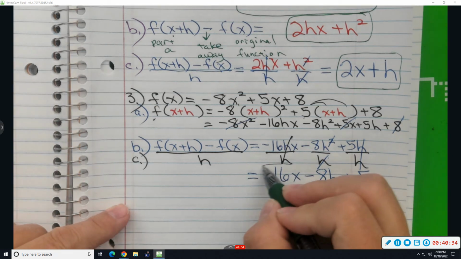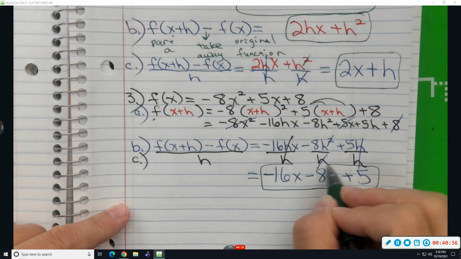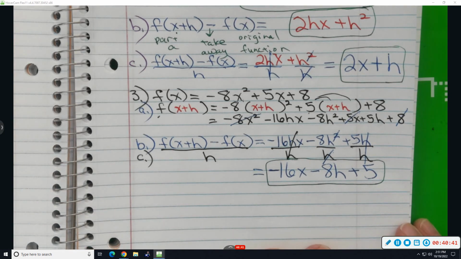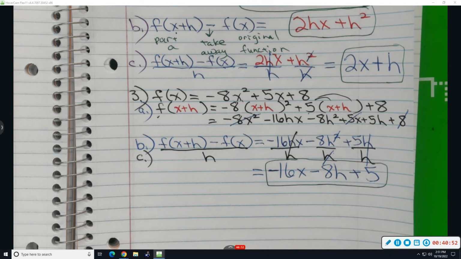Negative 16x minus 8h plus 5. Any questions? No? Okay.